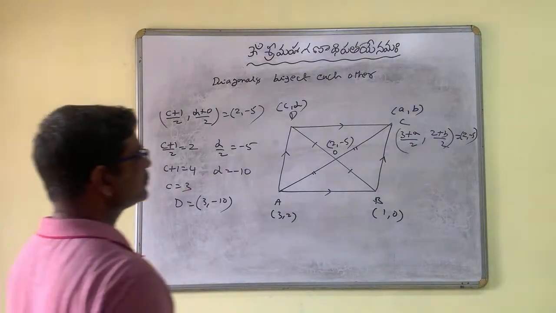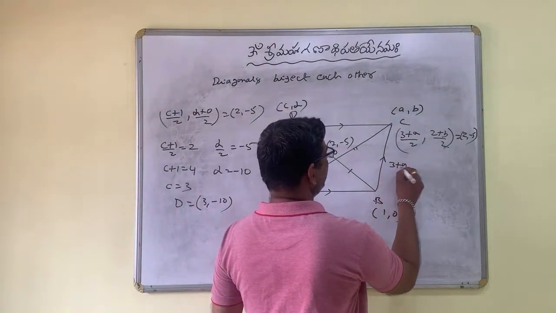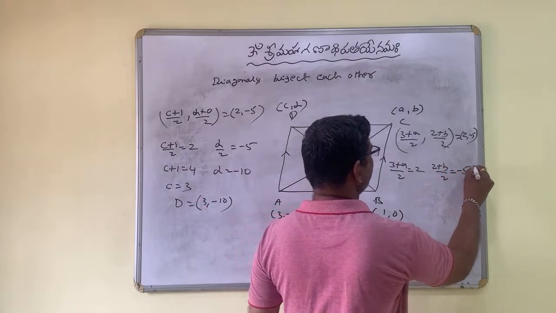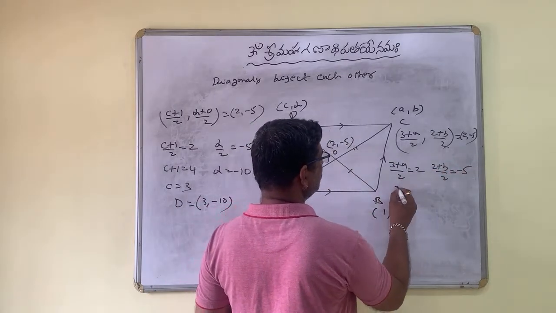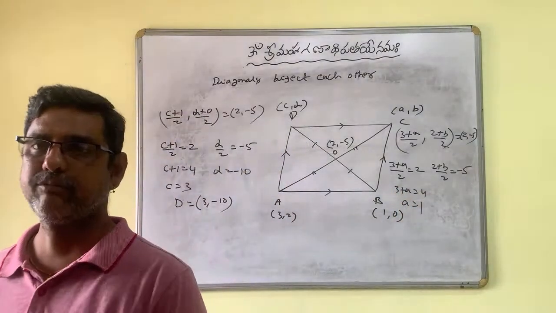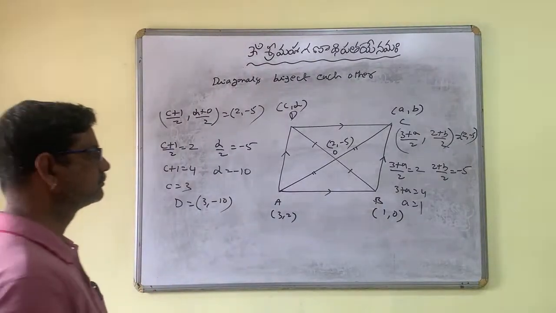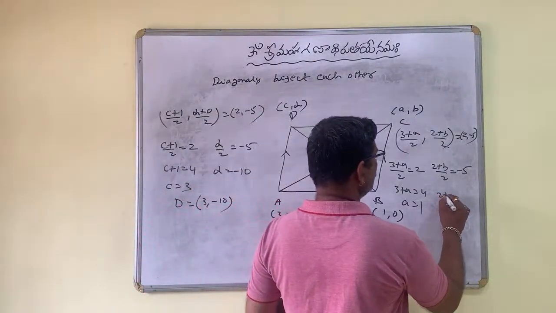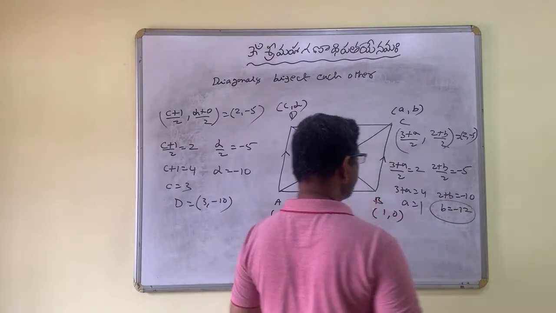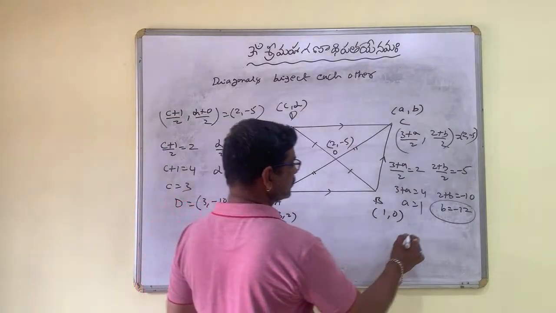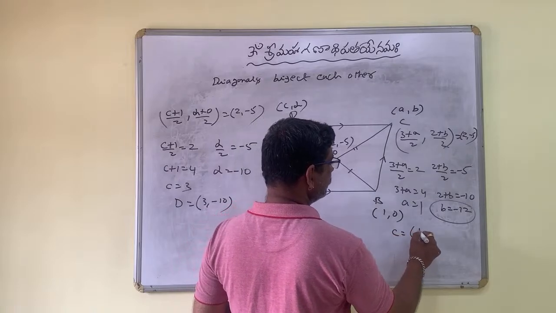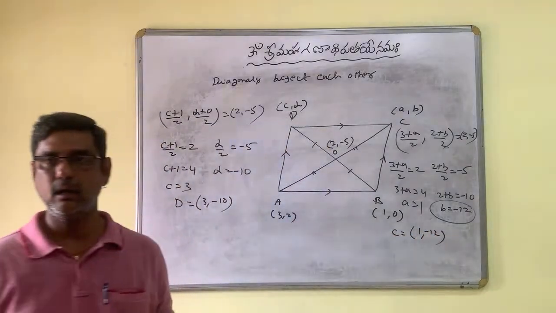Now equate the values. 3 plus a by 2 is equal to 2. 2 plus b by 2 is equal to -5. 3 plus a is 4, a is 1. Similarly, 2 plus b is -10, b is -12. So the coordinates of C are (1, -12).